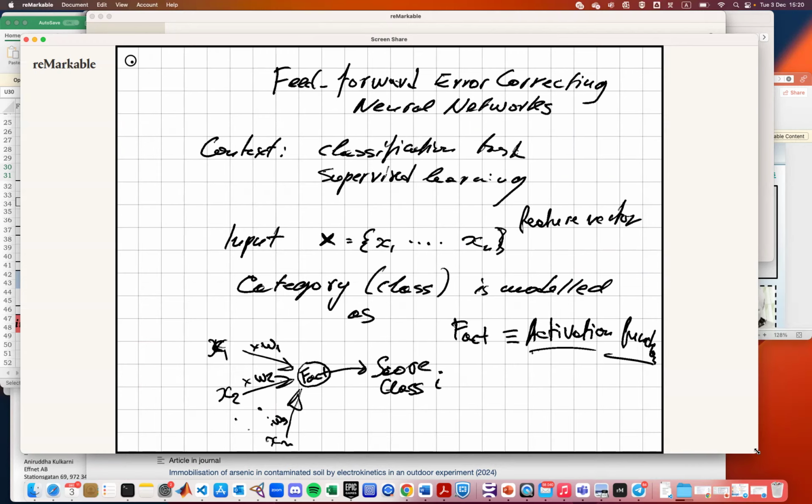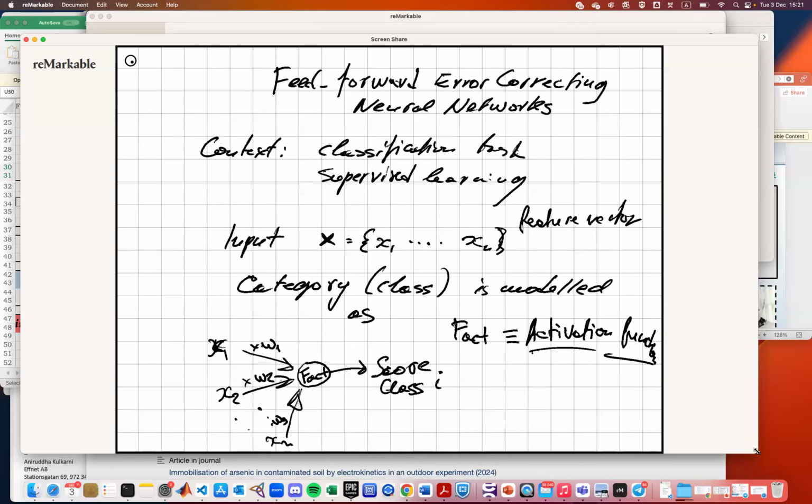But in our case, we are focusing on the algorithm, and for now we denote it as the activation function.